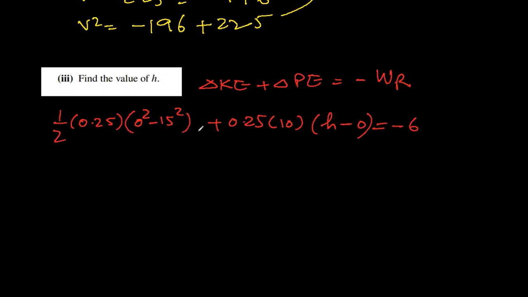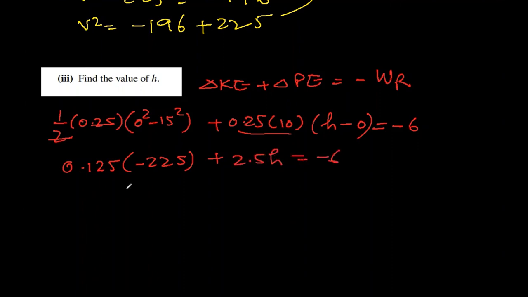So we can find h now. That is the only thing unknown to us. So we can cancel this again. 0.125 minus 225 plus 2.5 h equal to minus 6.